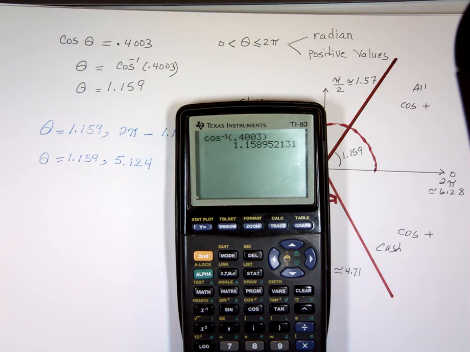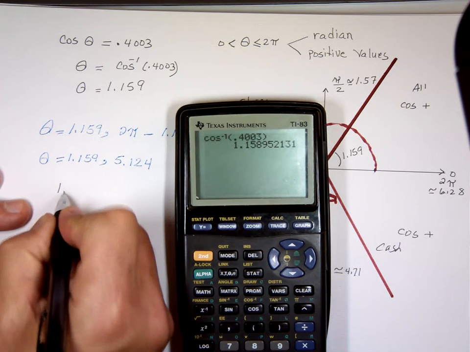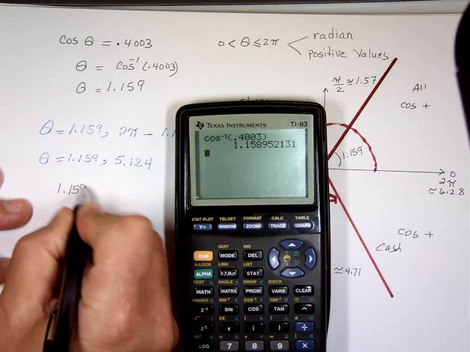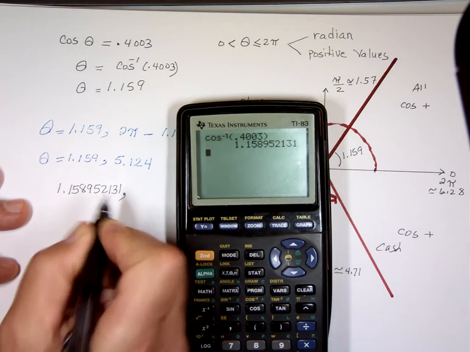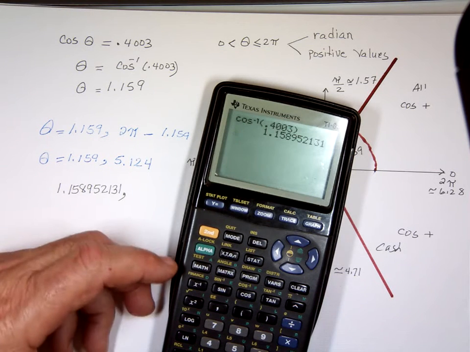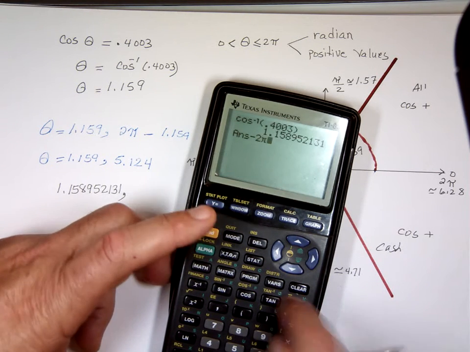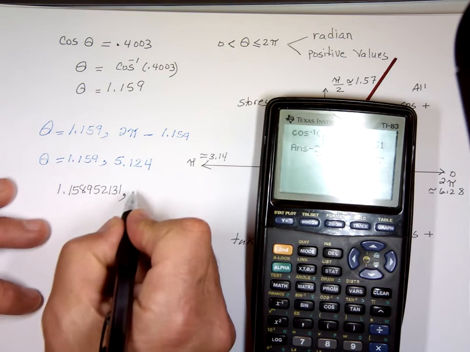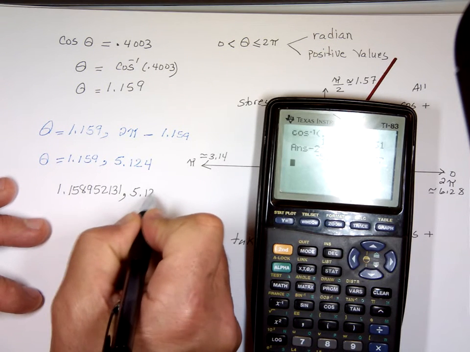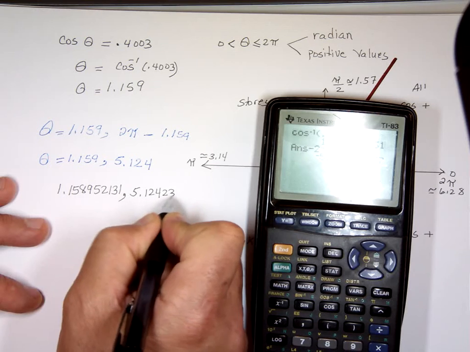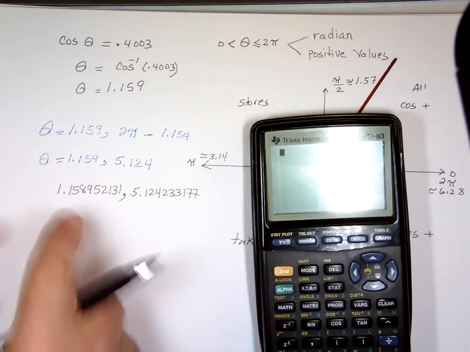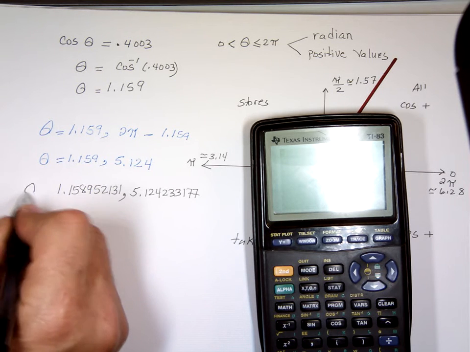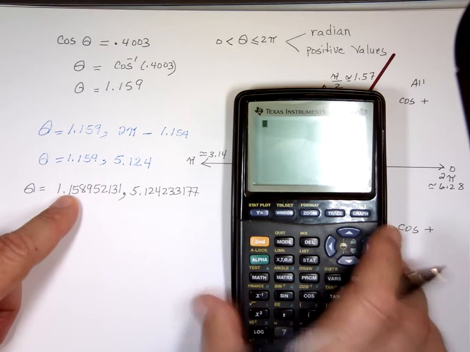Just to show you, if I did really use all the digits, and the other one is going to be 2 pi minus that number. I just switch them to plus. So these are the two answers. These are the angles, if I want to carry all the digits. Now if I take the cosine of them, I should hit on the money.